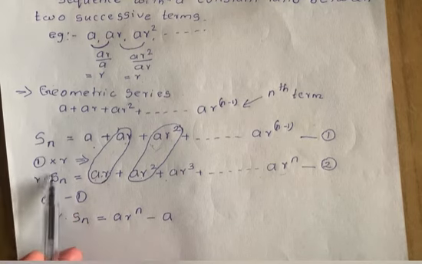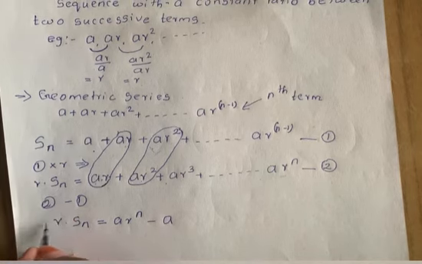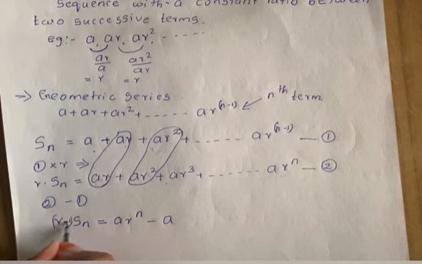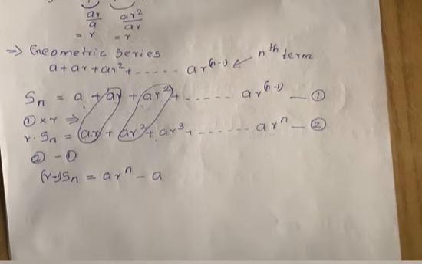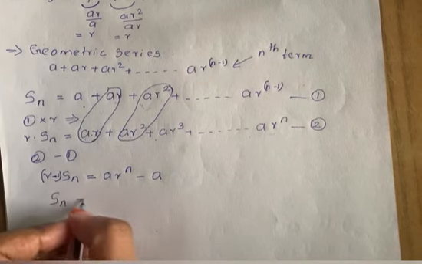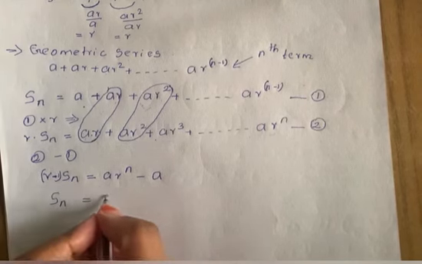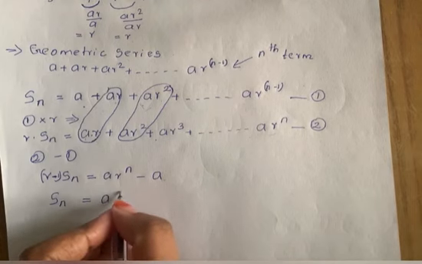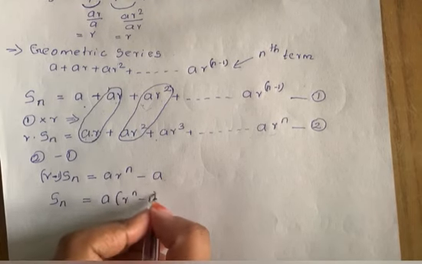Sorry, I forgot to put the r minus 1. If we do the arrangement, taking a as common, we get a times r to the power n minus 1, over r minus 1.